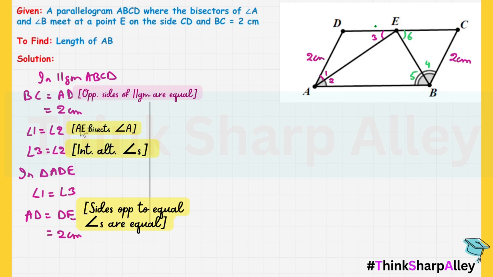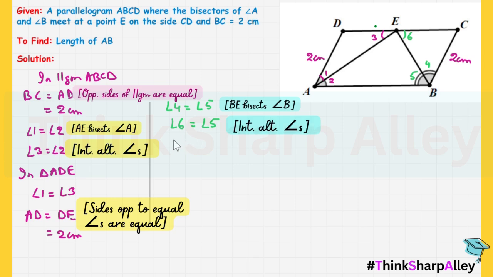Now we will do the same thing in the other portion. Angle 4 is equal to angle 5. Why? Because BE bisects angle B. Also, angle 6 is equal to angle 5 because they form interior alternate angles.